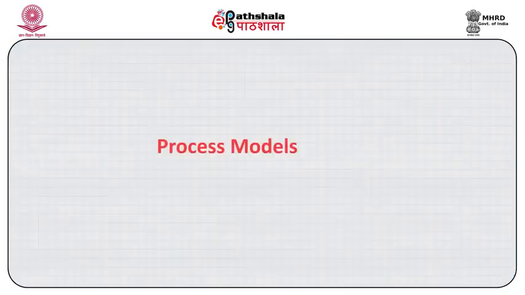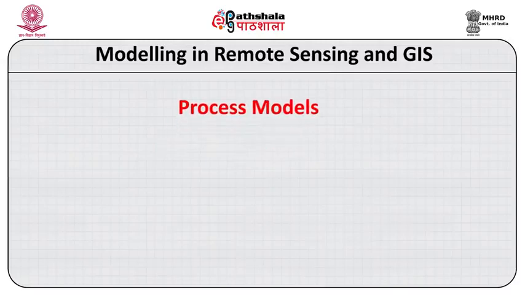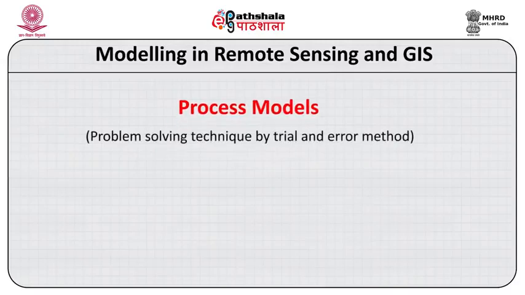Now come to another GIS model, which we call a process model. Process model is based on a problem solving model, which is done on the hit and trial method. Next generation of geographic information system will be driven by process models. These are usually composed of algorithms and hierarchies of problem solving techniques by trial and error method that will act on users' requests for the GIS to perform some services for them.